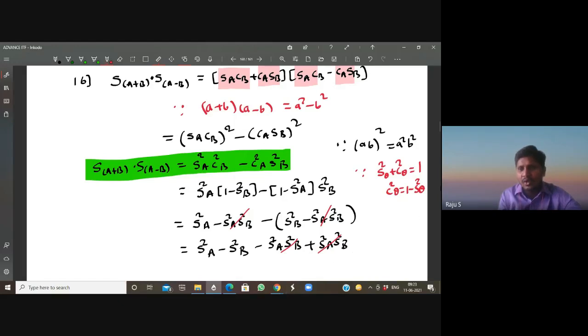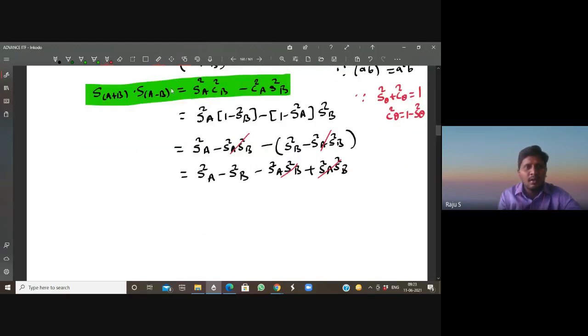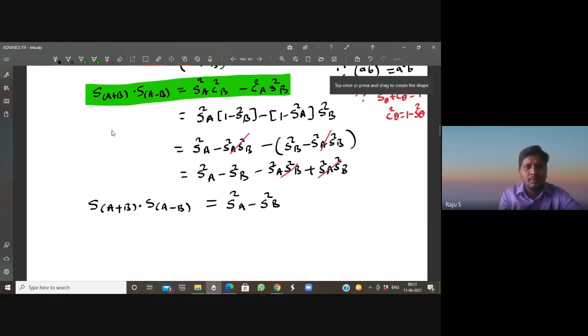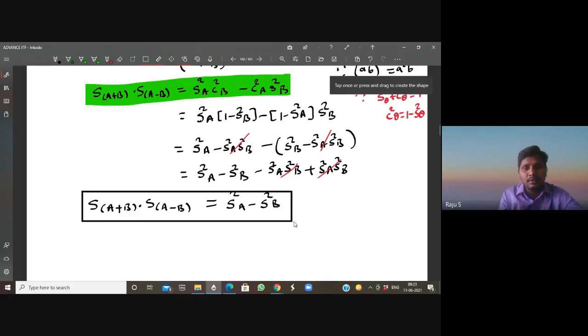So finally, what is the formula of sin(A plus B) sin(A minus B)? It is sin square A minus sin square B. Exactly. One of the formulas is sin square A minus sin square B. Everyone should remember this product.